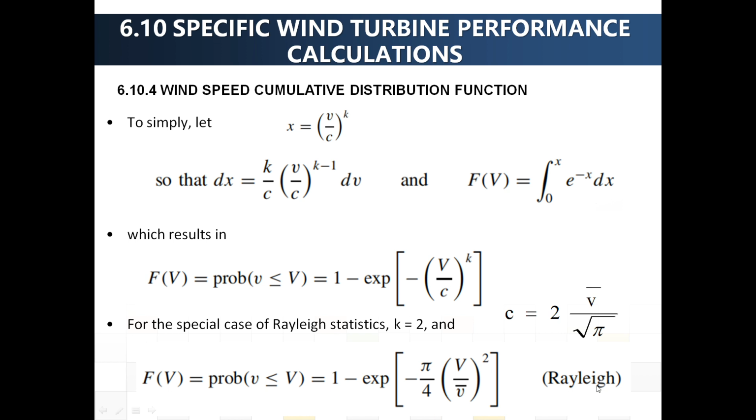This is important. We show the probability that wind speed is less than a specific V value is equal to 1 minus e to the power of minus pi divided by 4 multiplied by (V divided by the average wind speed) squared.